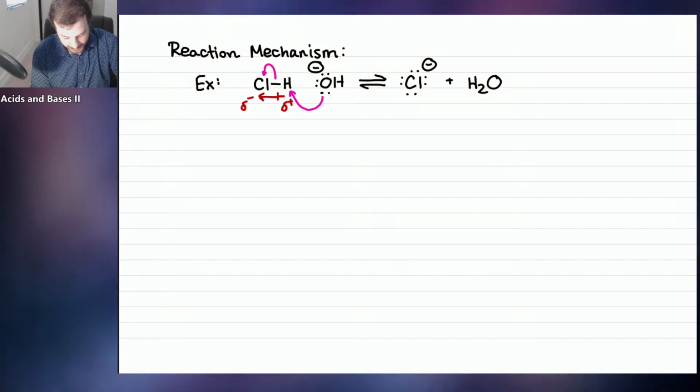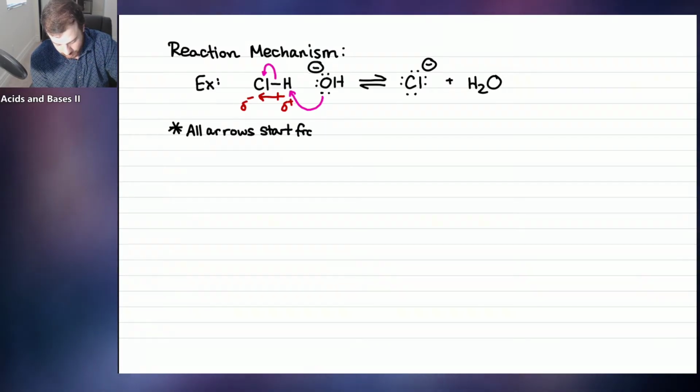So just two comments before we get into it. Segueing away from acids and bases into our organic version of acids and bases, and that is that all arrows start from electrons. And that means it's either going to be a lone pair or a bond, because electrons are represented in our bond line drawings as either lone pairs or bonds.